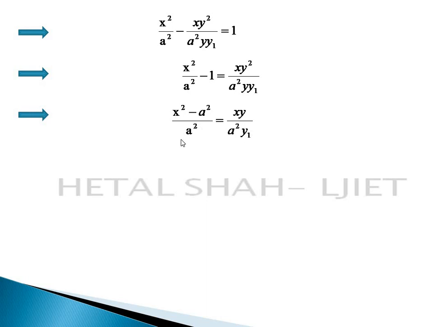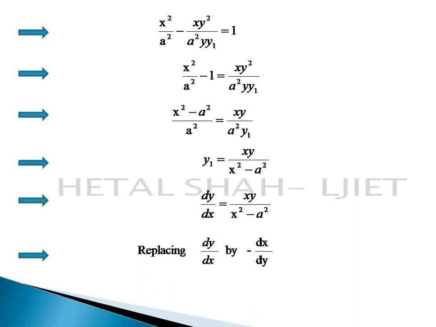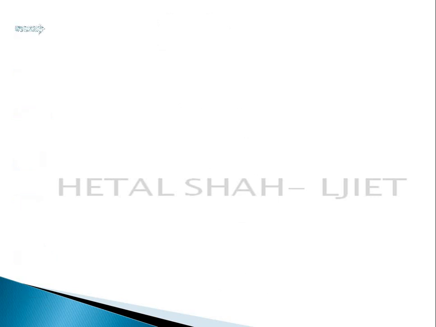If we cancel a square from both sides from the denominator and keep y1 as the subject, y1 equals xy upon x square minus a square. This y1 is nothing but dy by dx. So replace dy by dx by minus dx by dy as per the rule. So we get minus dx by dy equal to xy upon x square minus a square.